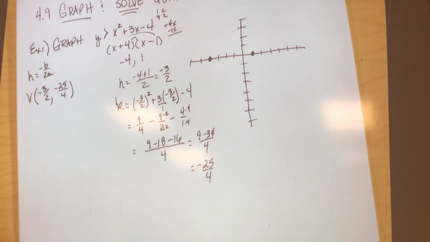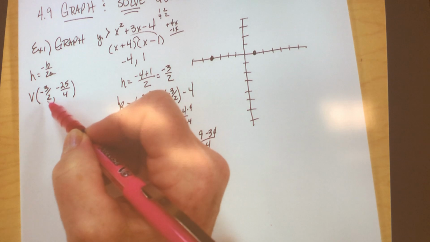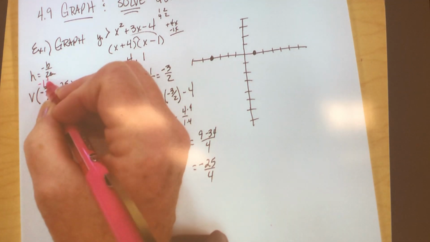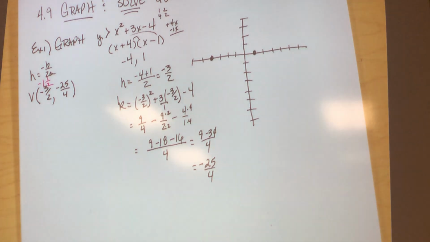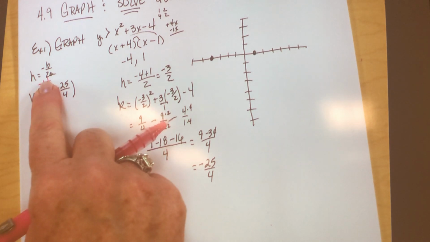Okay. So let's graph that really quick, and then I'm going to show you something. Let's change these into mixed numbers. How many times does 2 go into 3? With how many left over? So that's -1 1/2. All right? You see what I'm doing? Because my brain sees that. I say 2 goes into 3 one time with 1 left over.